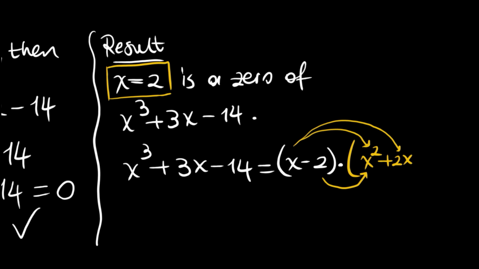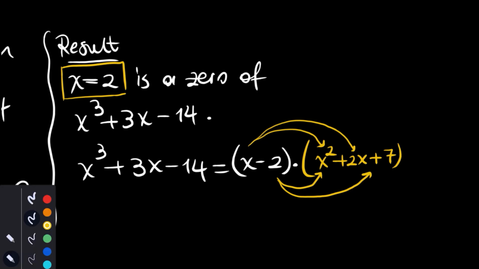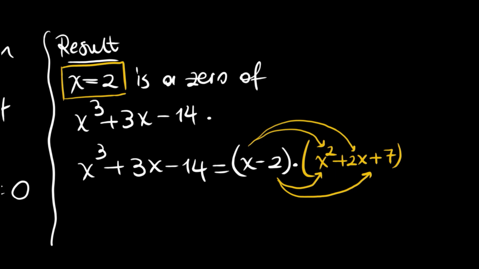This cancels. And as a constant term, we need negative 14. We have negative 2 here, and this will be multiplied by positive 7. Okay, this is a very easy method for factorizing a polynomial when we have one of our roots.